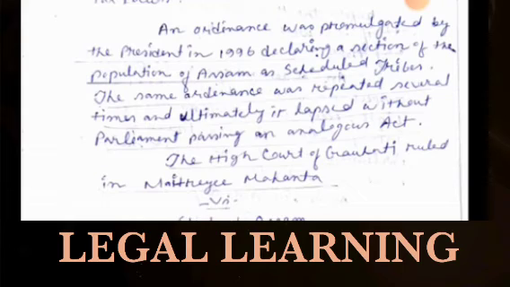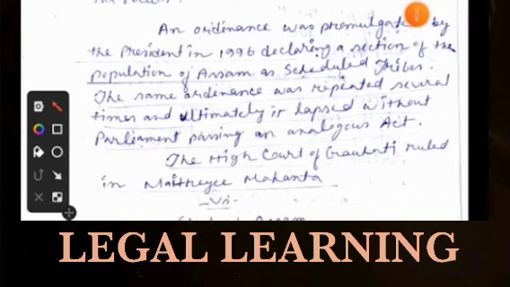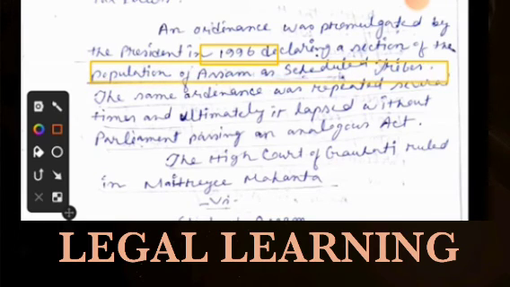This is important. An ordinance was promulgated by the President in 1996, declaring a section of the population of Assam as Scheduled Tribes. The same ordinance was re-promulgated several times and ultimately it lapsed without Parliament passing an analogous act.